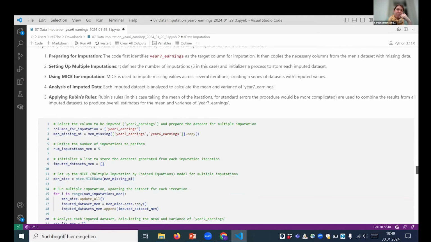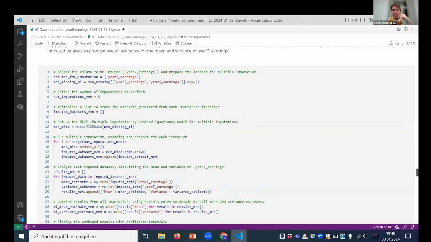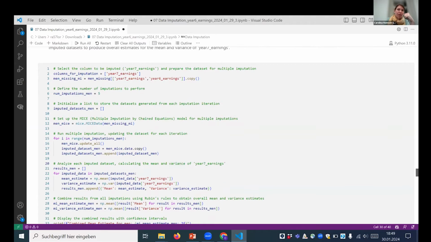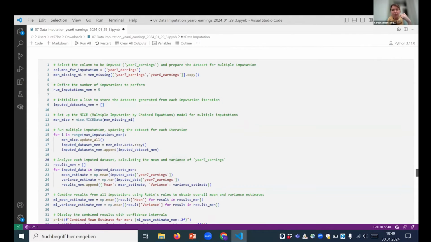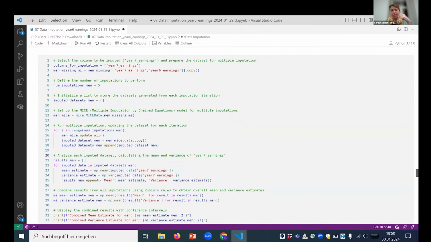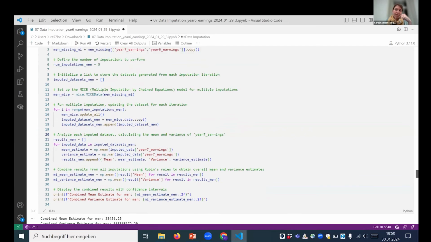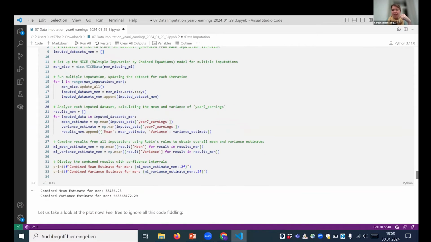And I have to admit that the implementation in Python is not as great as in, for example, R or Stata. So in those languages, there are really great packages available. Here in Python, it doesn't have as many functionalities and possibilities as in R and Stata, but we can still make it work here.